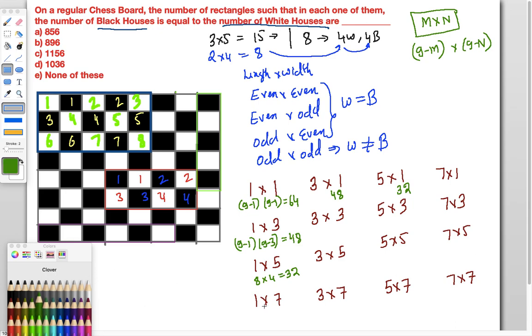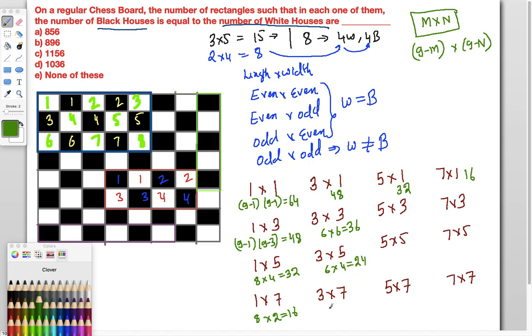Similarly, of the dimensions 1 by 7, 9 minus 1 is 8 and 9 minus 7 is 2. So 8 into 2 is equal to 16. So 7 into 1 will also be 16. Similarly, 3 into 3: 9 minus 3 is 6, so 6 into 6, which is equal to 36. 9 minus 3 is 6, 9 minus 5 is 4, so 6 into 4 is equal to 24.